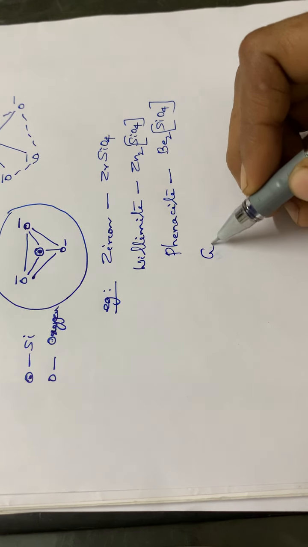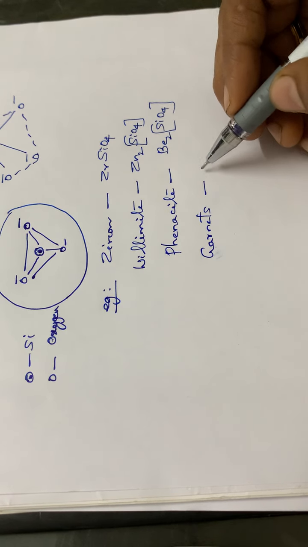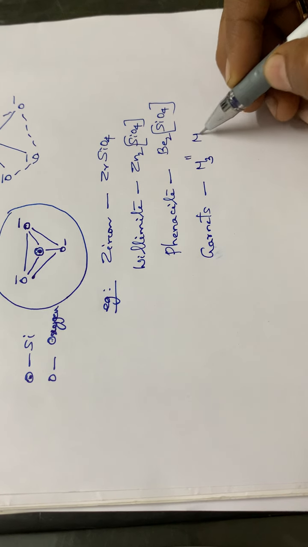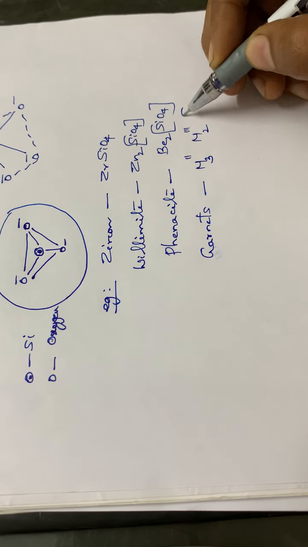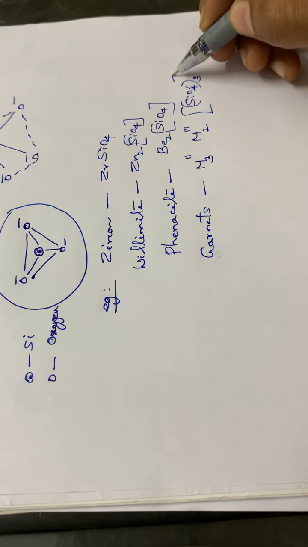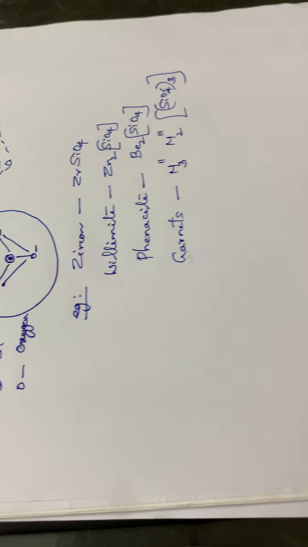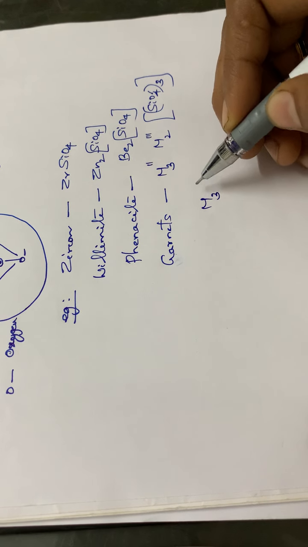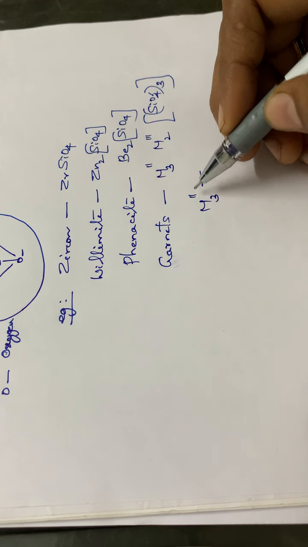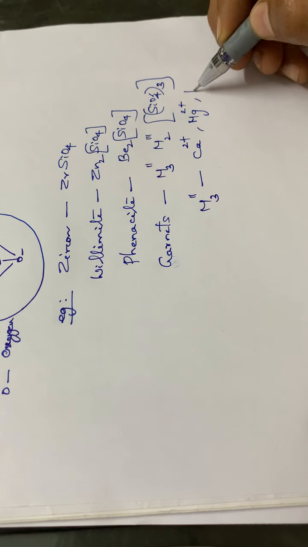Then garnets. Garnets are a combination of different metals, represented by M3 double dash and M2 triple dash: M3II M2III (SiO4)3. Here M3 double dash is a divalent ion, such as calcium, magnesium and iron, Fe2+.